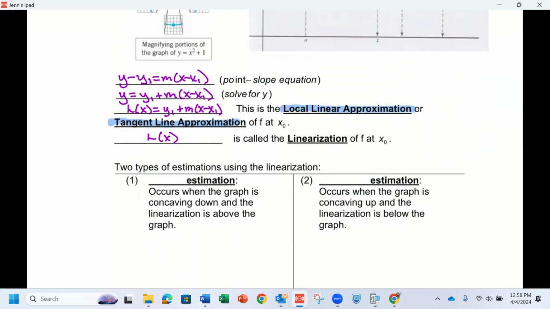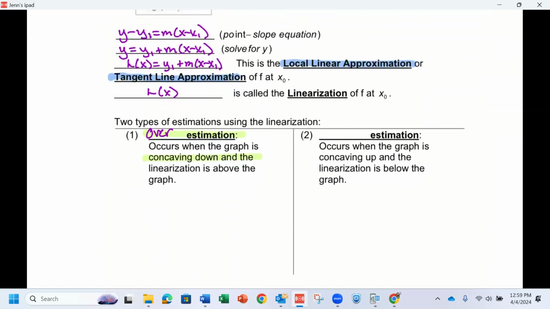When your graph, and this was illustrating the picture, is concave down, you're going to have an overestimation. That's when you have an overestimation. So if your graph is concave down, I'm going to call that f of x.